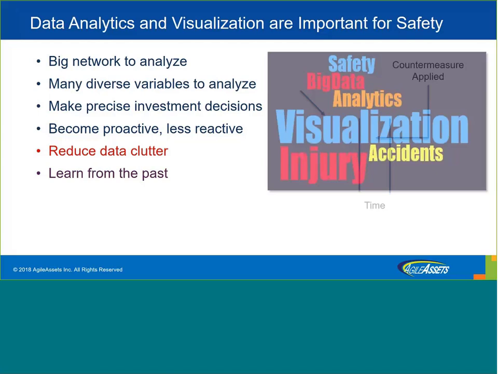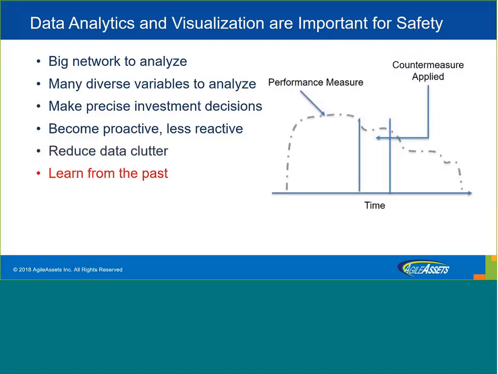We also need to learn from the past. What do I mean? When we are implementing any countermeasures to mitigate the challenges, we have to look back and see whether the countermeasures were effective or not. All of you are familiar with the regression to the mean effect, right? There is a natural tendency that if we do not consider the exposure and the temporal variations of the performance indicator, then we might reach a totally different conclusion.